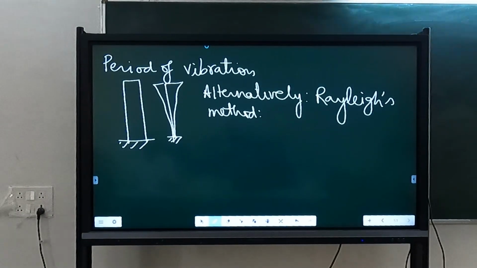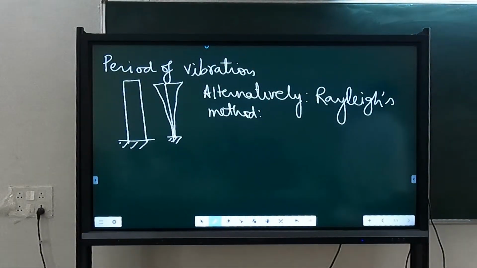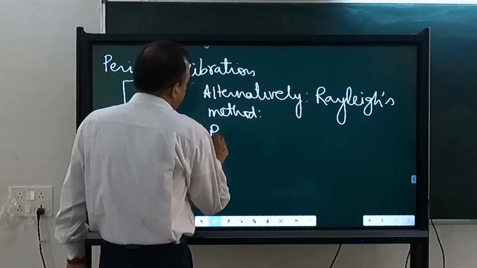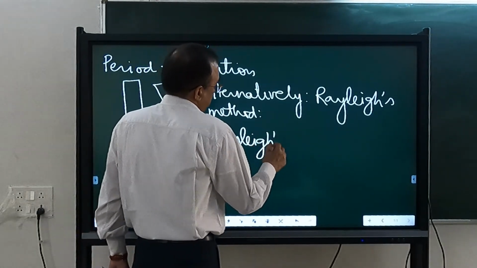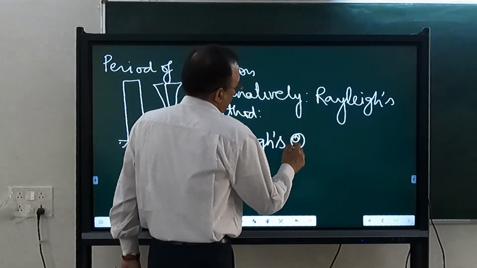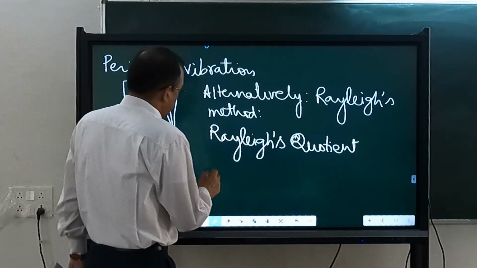So what is Rayleigh's method? If you know the mode shape, can you calculate frequency? What we call Rayleigh's quotient. What is Rayleigh's quotient?